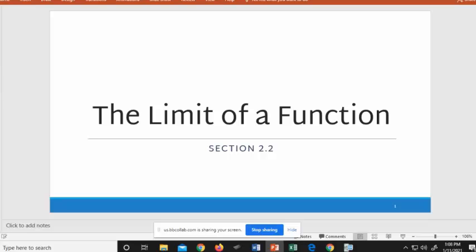So all I know about this function is that the limit of it is going to be 70 degrees. But that is over here, way over here. So would I say the limit is 70 degrees just anywhere?